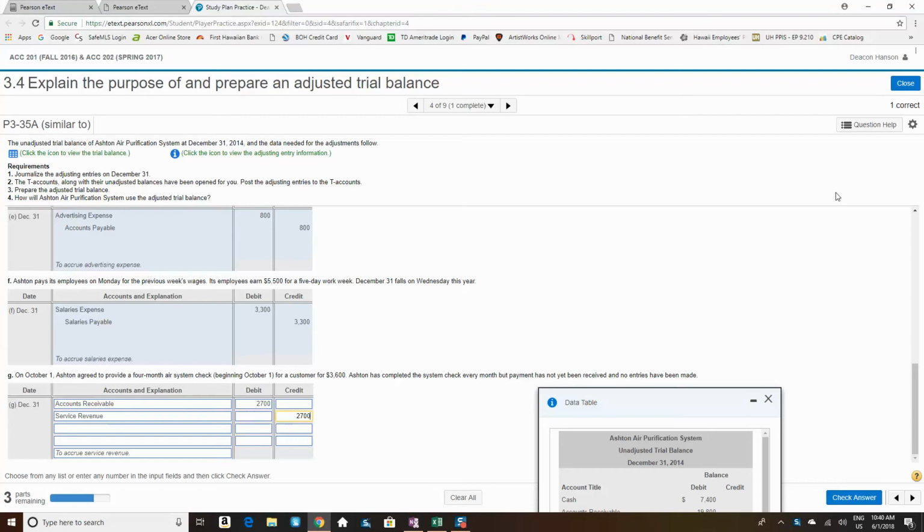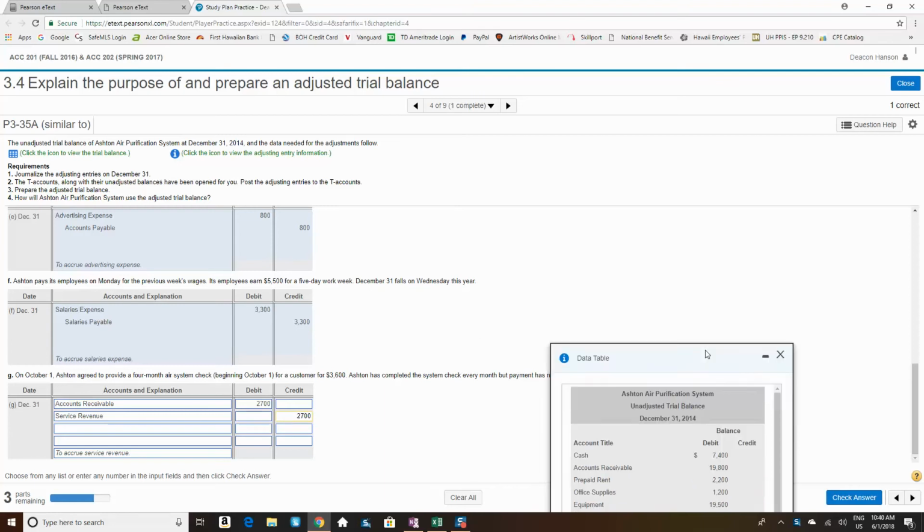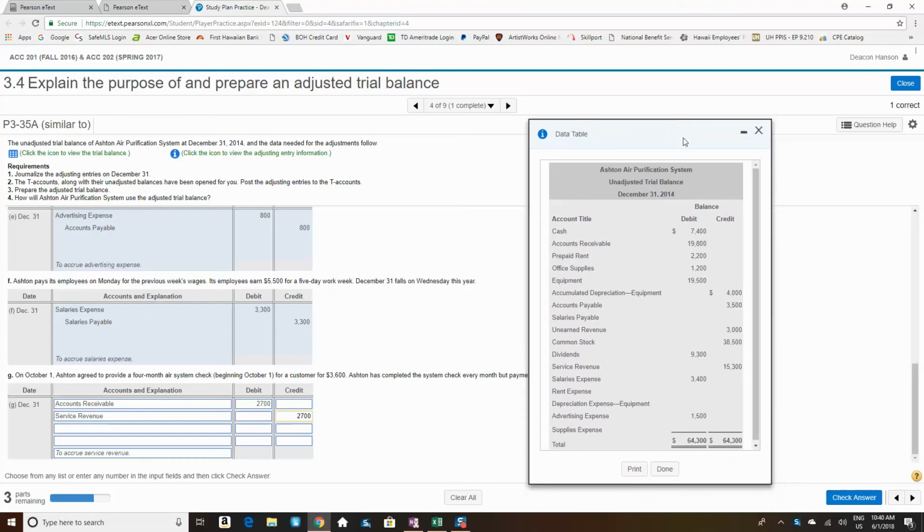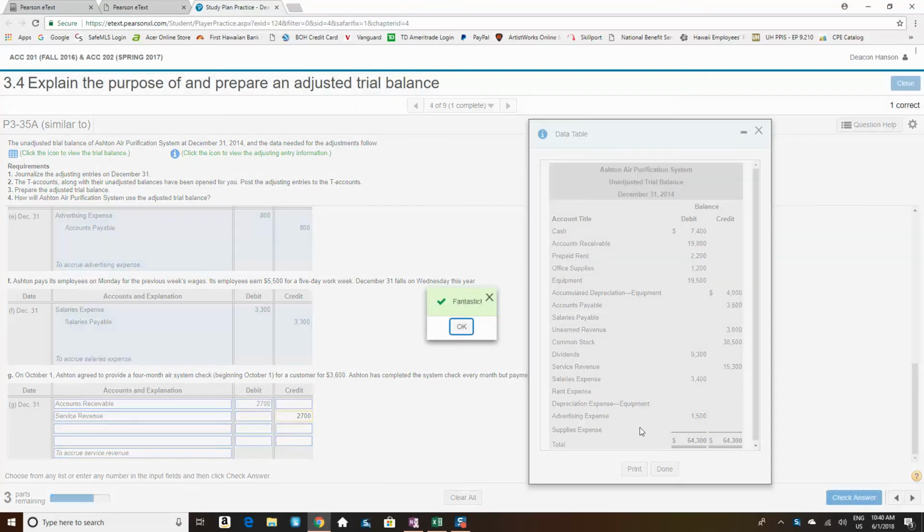Okay, so there's still another 900 of revenue to be earned, because they have one more month, which would be January 2015. They have one more month of service to provide. Okay. One more month of air check. What does it say? Air systems check, service to provide. Now we're good. We're fantastic.